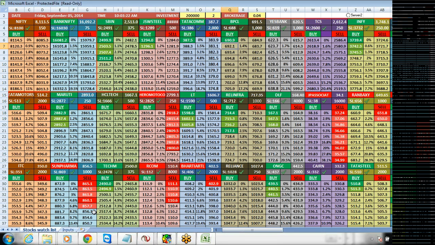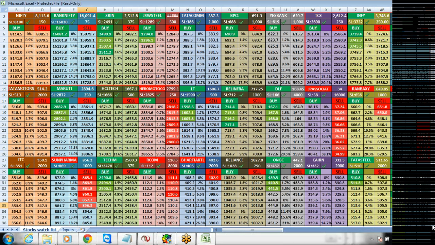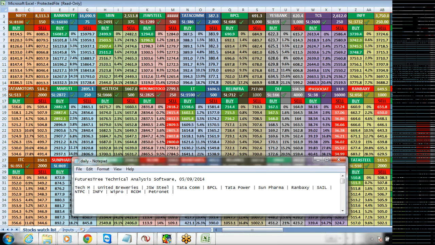So Sun Pharma, I think the next level, the final target for Sun Pharma will be 854. So the complete Pharma pack looks down today, and we have news on Sun Pharma and Ranbaxy actually. You can see that here, Sun Pharma and Ranbaxy, we have news. So both are in the same direction. Now let me add SAIL, NTPC, RCOM.